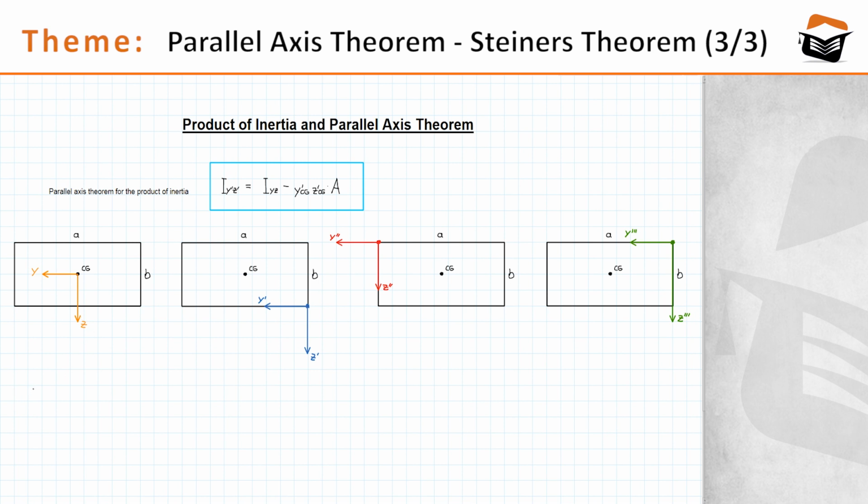And as such, I sub yz, the product of inertia, is therefore 0. And we don't need to apply the parallel axis theorem because there is no shift of the coordinate system from the centroidal coordinate system.